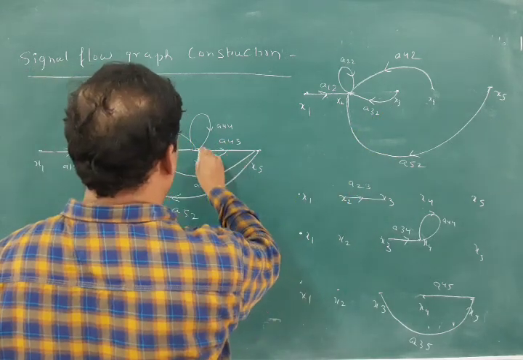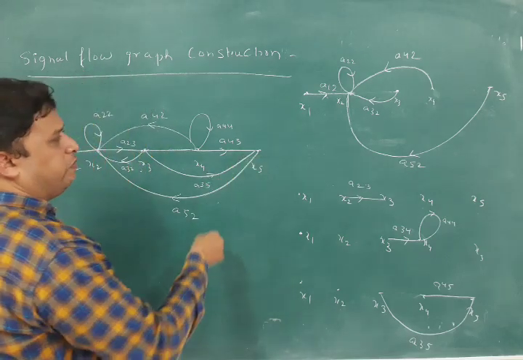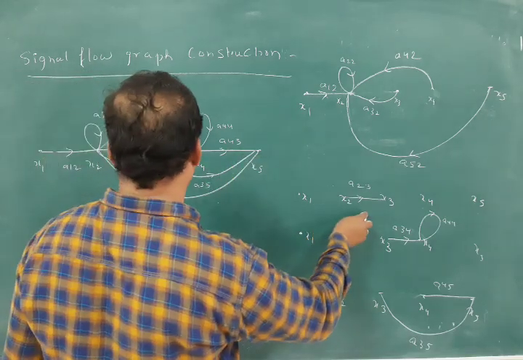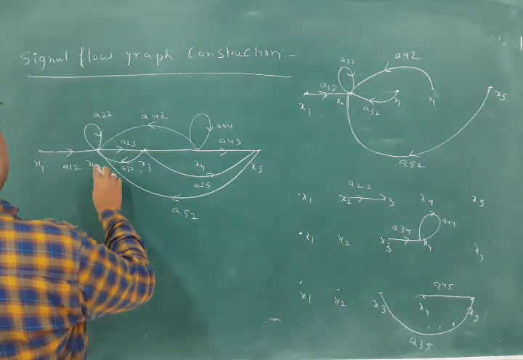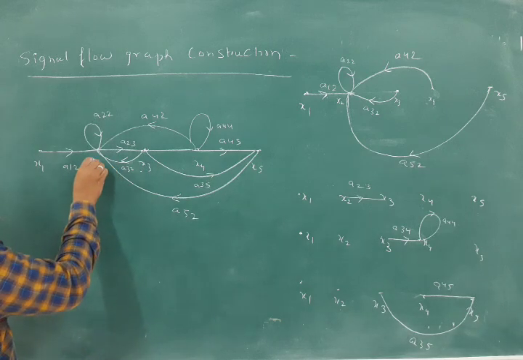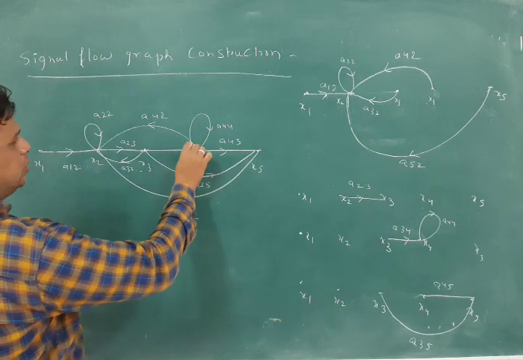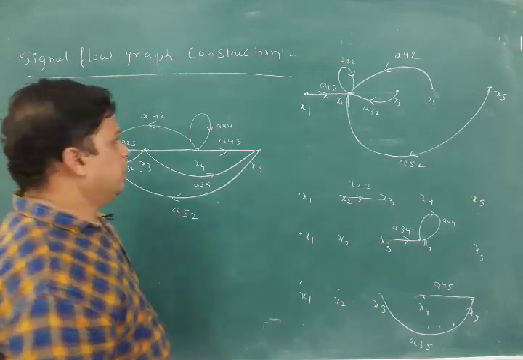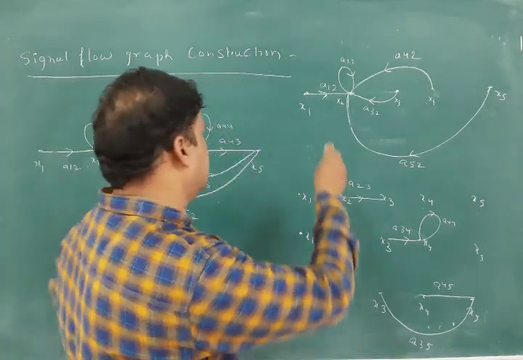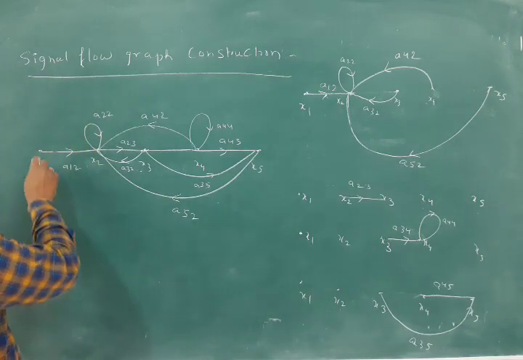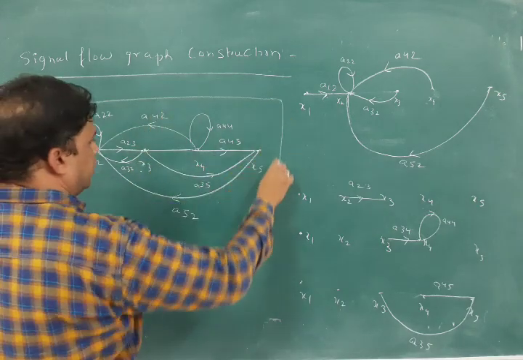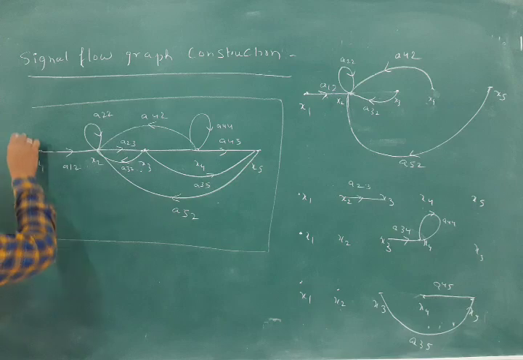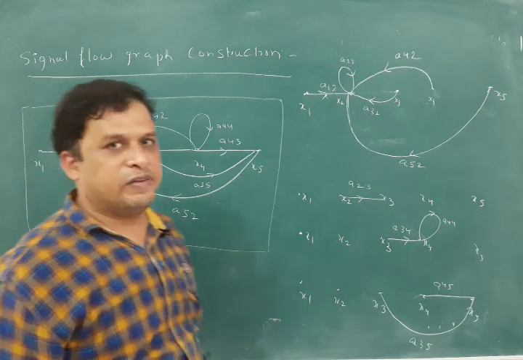After mentioning this, wherever the gaps are, where we have not filled, we have to complete X2, X3, mention these nodes properly, and also mention the proper direction. So we are completing this signal flow graph. The complete signal flow graph is given by this representation. This is the pictorial representation of those equations.